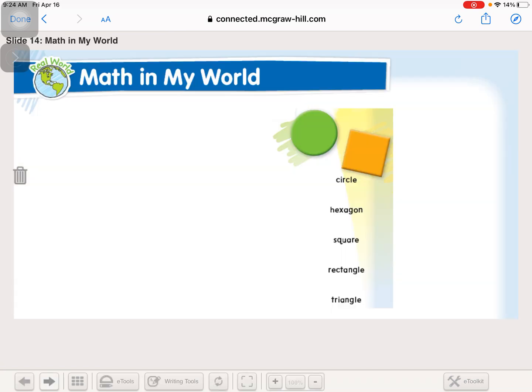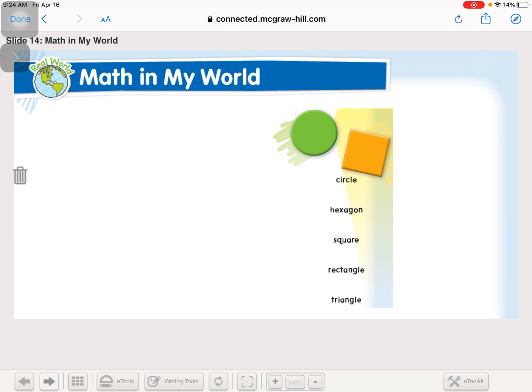Okay. So now you need to open up your math book to page 739, and we are going to draw some two-dimensional shapes, and then we're going to draw a line from each shape to its name. Now you do not have small attribute blocks at home, so just do your best.